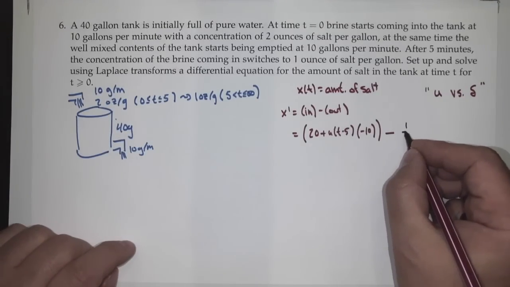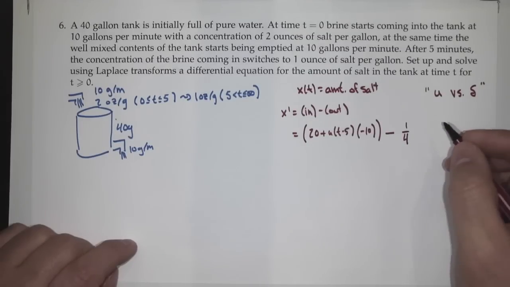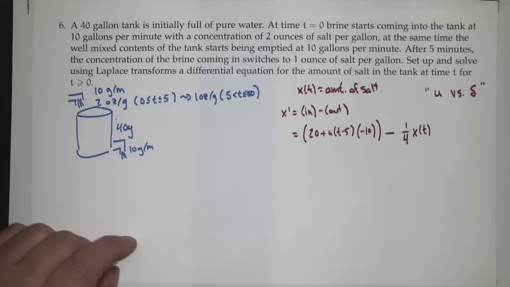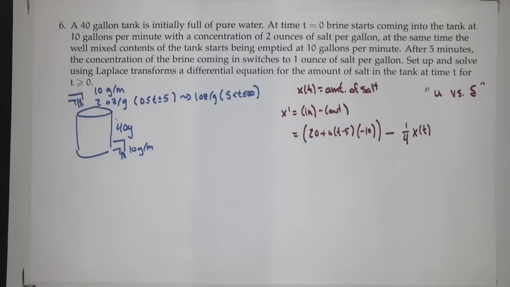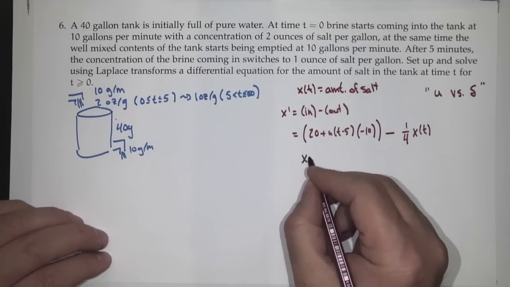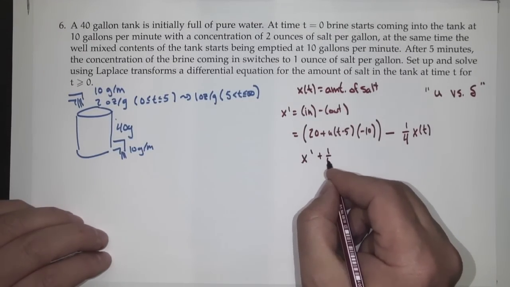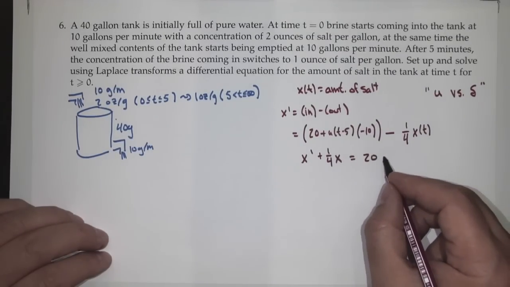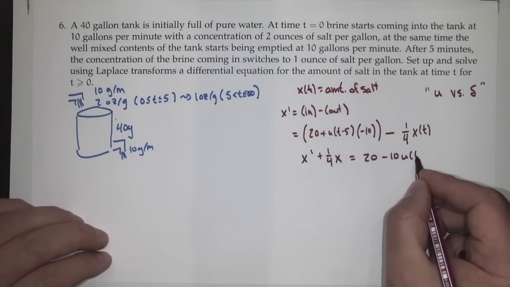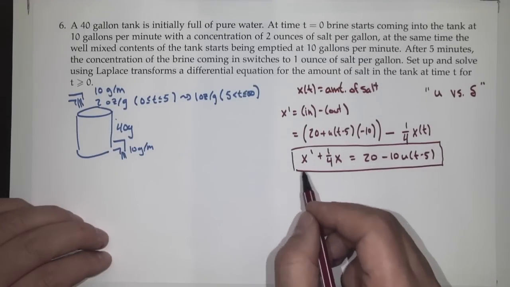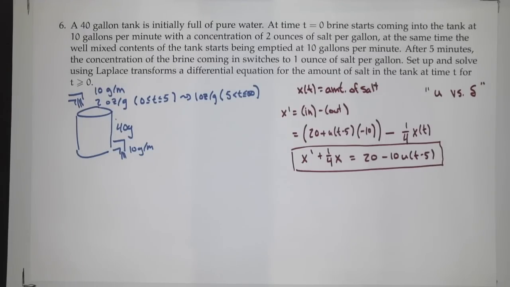So that's 1/4 of everything goes out, which includes 1/4 of the salt. So minus 1/4 x. Our differential equation is x prime plus 1/4 x is equal to 20 minus 10 U of t minus 5. So this is our setup. It is part of our answer, because it does say setup, and we've done that.